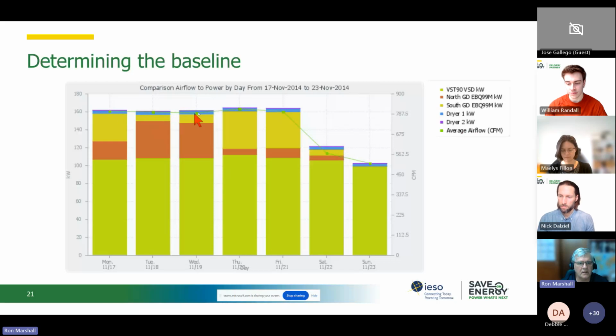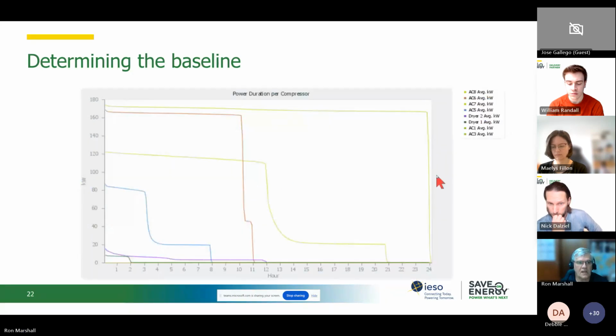And we can see the power and the airflow are really one on top of another. So this is actually a really good, really efficient system that turns itself down in a one-to-one ratio, right, with the reduction in flow. The reason being, it's got a really big VSD compressor running.